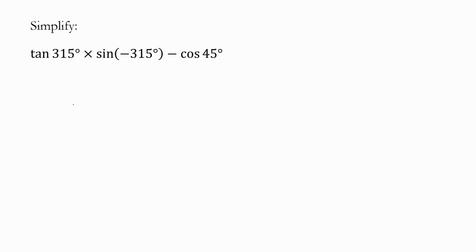So now here, if you look at this question, what do we do? Okay, so here this is reduction. You see that it is in the fourth quadrant. This is 0, 90, 180, 270, then 360 degrees. So it is in the fourth quadrant.